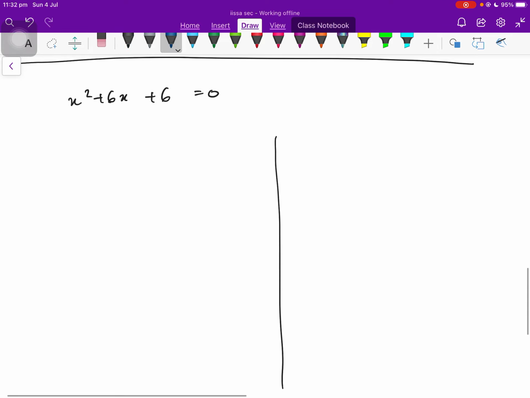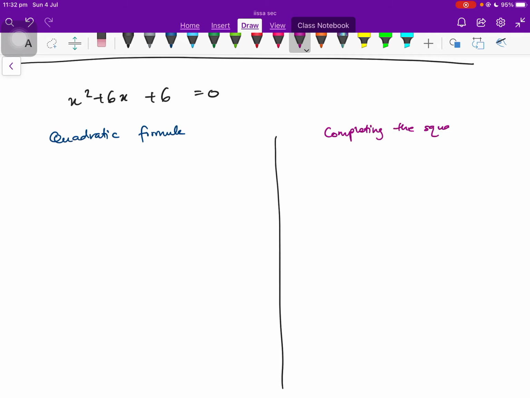Here we are going to use the quadratic formula, and here we are using completing the square. I usually use the quadratic formula because it's much easier.